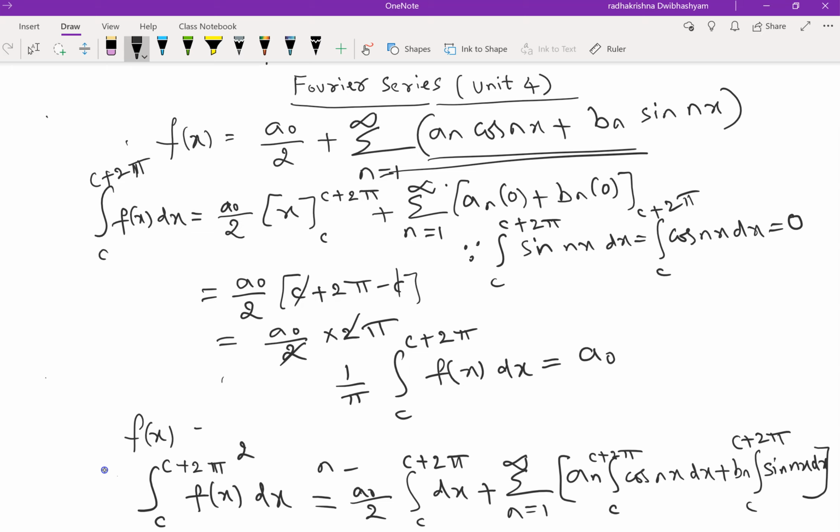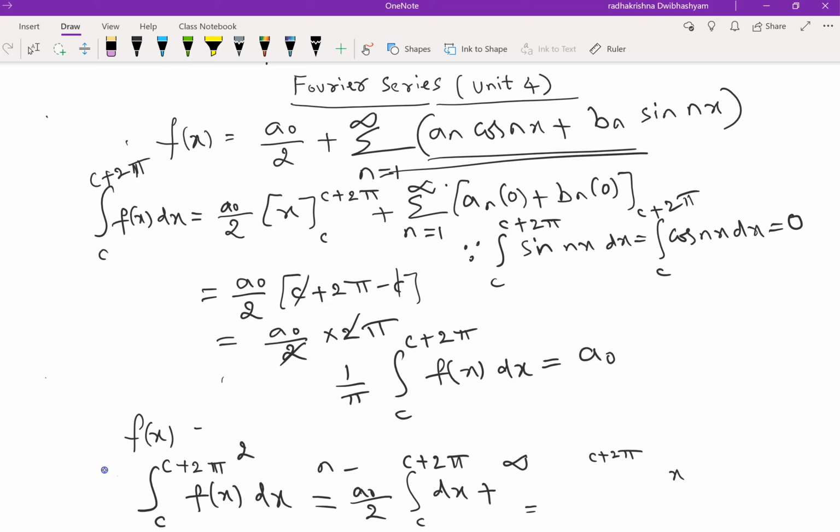Okay, in the same manner, we can derive an and bn using this Fourier series.